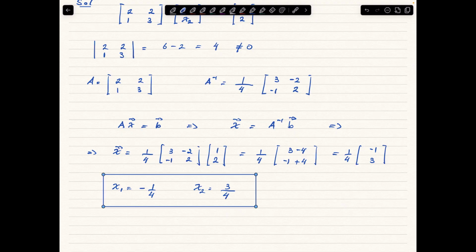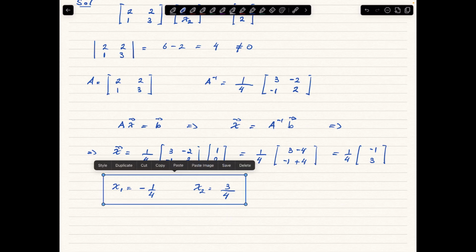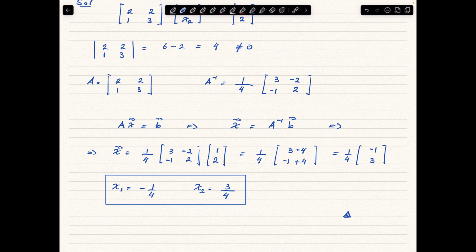And this is how we use matrices and the inverse of a matrix to find solutions to an algebraic system of equations, and we avoid the method of substitution, which is more complicated.